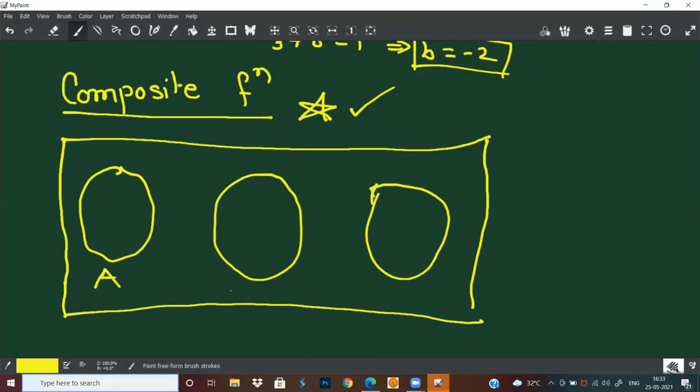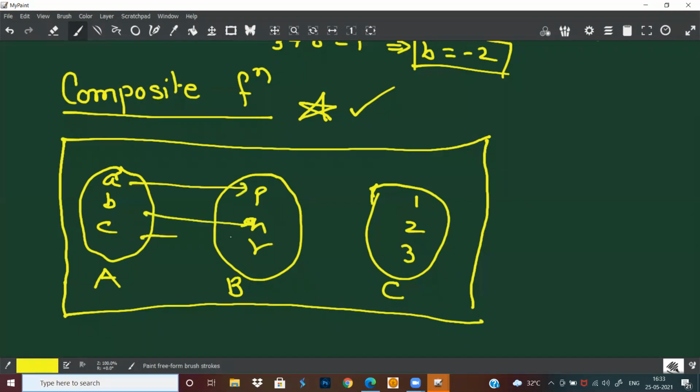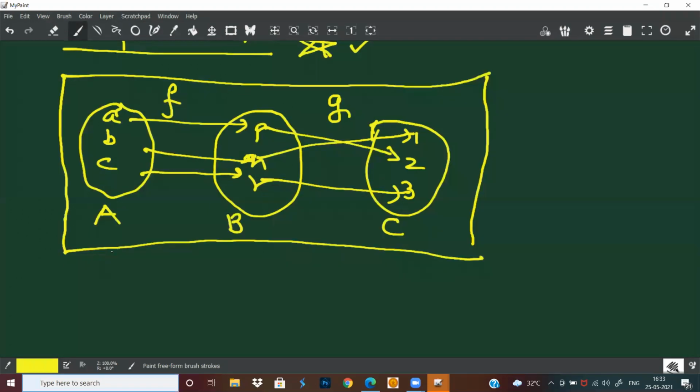This is set A, this is set B, this is set C. Once you understand it, your work is done. F is a function from A to B. G is a function from B to C. A to B is function F and B to C is function G. Sometimes we say that I am related to B, who's related to C. Actually it happens like this.